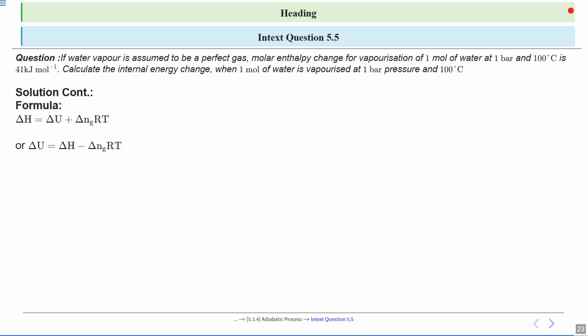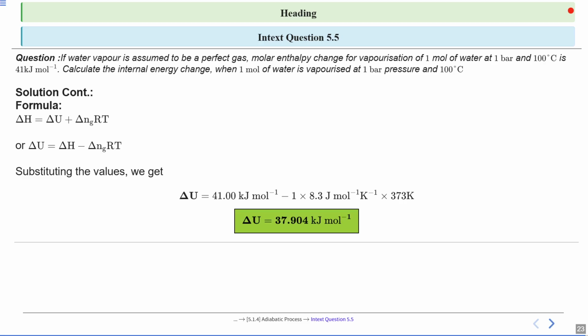I have simplified it further and then substituted the values. The values given are 41 kilojoule per mole, and the gas constant is 8.3 joule per mole per Kelvin. Then we have this temperature. What do we get as the result? We get 37.904 kilojoule per mole.